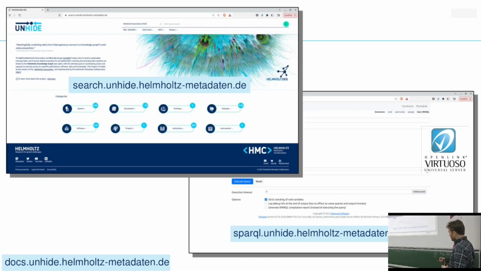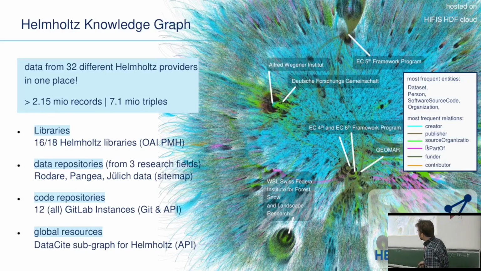To give you an idea, we have about 2 million records, and if you talk about the graph size, we are talking about 7 million triples currently.